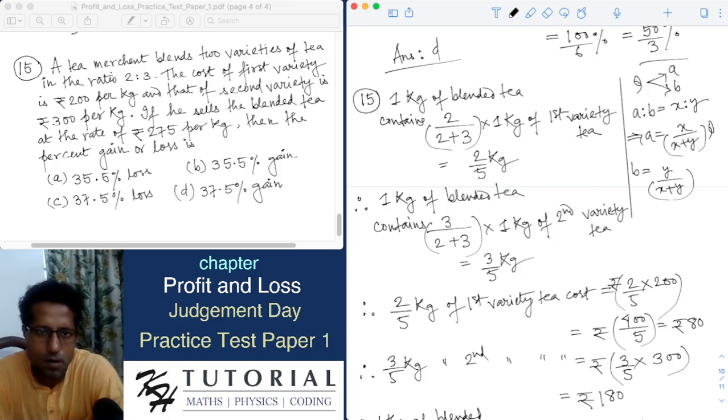Now the cost price of the first variety of tea is rupees 200 per kg. So the cost of 2 by 5 kg of the first variety will be 2 by 5 into 200, which is 80.